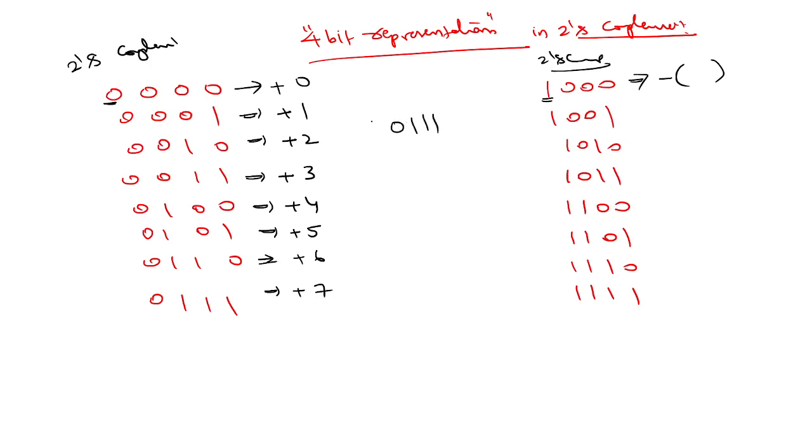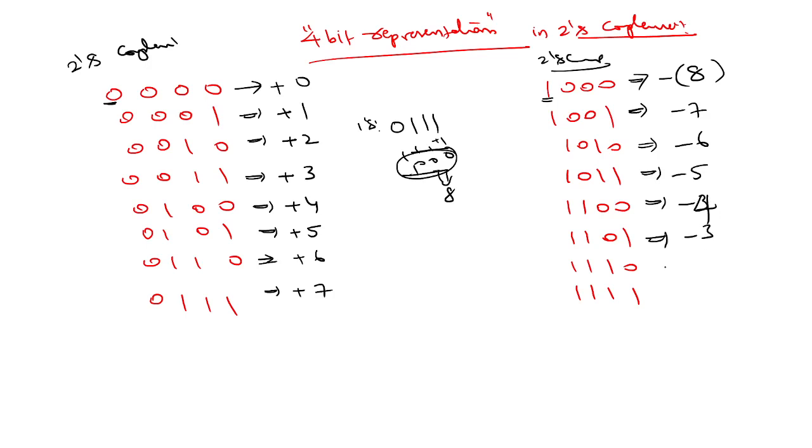If you apply 1's complement, you will get 0 1 1 1, then +1, 1 0 0 0. What is the magnitude of this? 8. Correct? So -8. Then this one will be 1 0 0 1, this is -7, -6, -5, -4, -3, -2, -1.